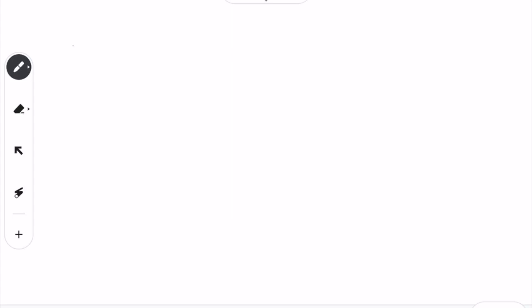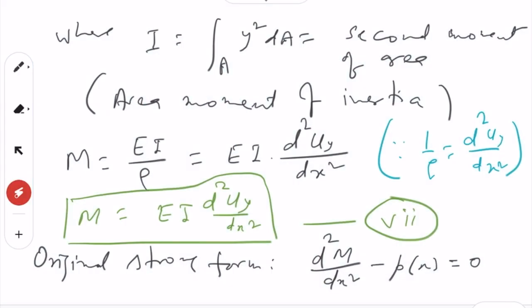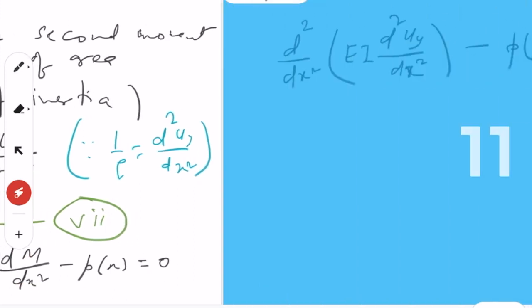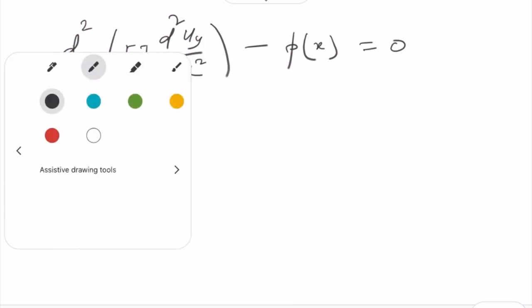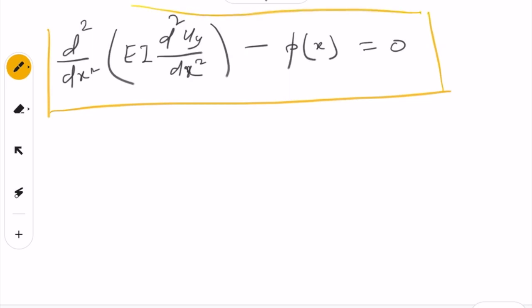What we get is d square over dx square of EI d square uy over dx square, minus px equal to 0. So we put this whole thing here, and this is the final strong form.